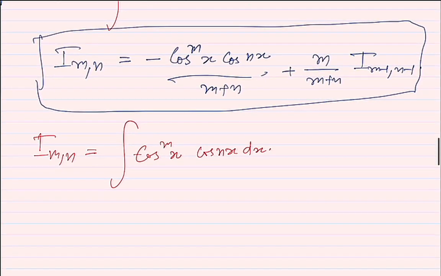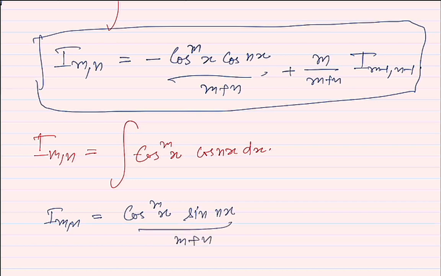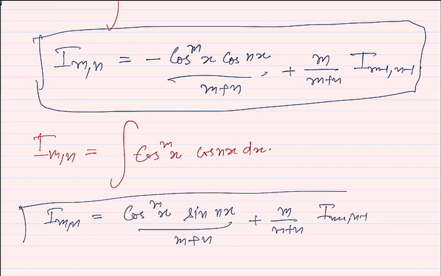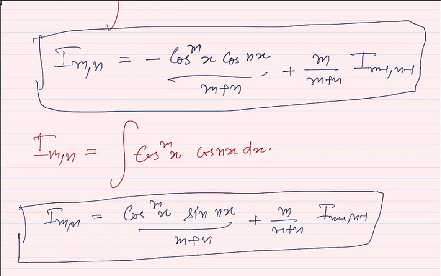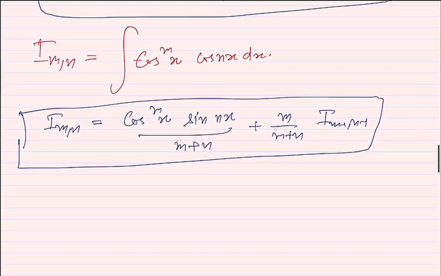After again applying first function and second function, you will get cos raised to power m x, so minus will not come for the upper function, with sin nx in place of cos nx, upon m plus n, plus m upon m plus n Im minus 1 n minus 1. So you can see the similarity again, and if you remember one, you can easily write the other one.